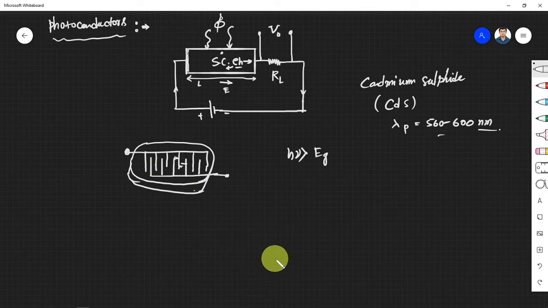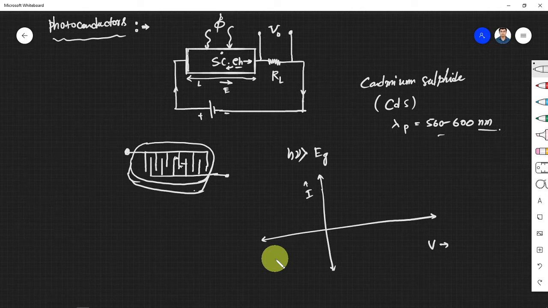And if you want to draw the IV characteristics of this particular device, it's very simple. So let's quickly draw the IV characteristics of this device. On this axis we have voltage, and in this direction we have the current.